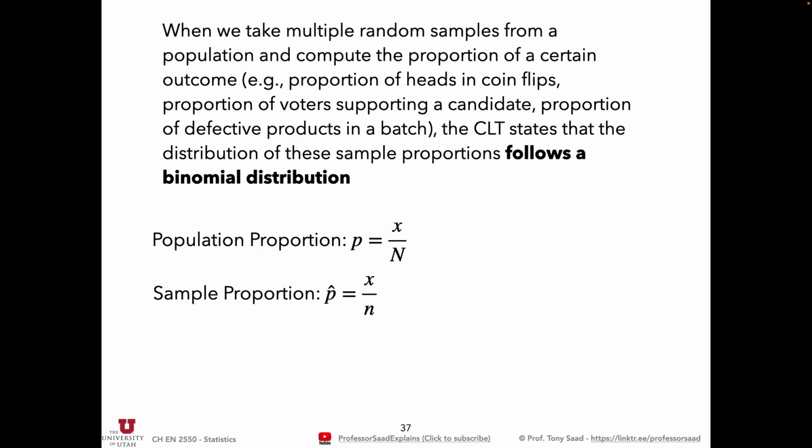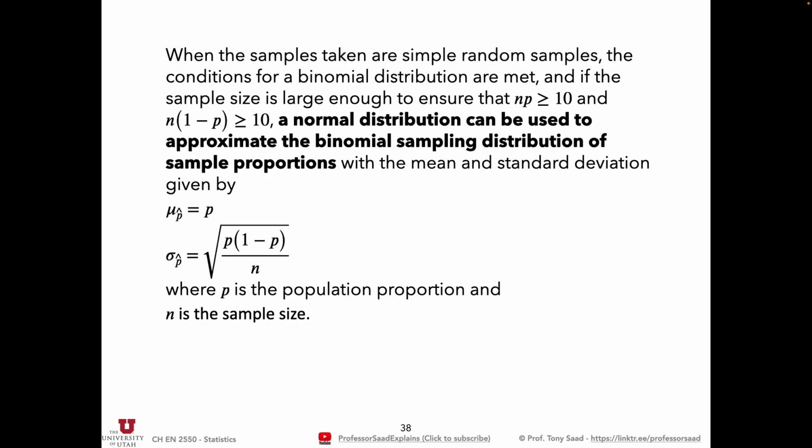Remember, we talked about approximating the binomial distribution with a normal distribution. You could say if the following conditions are met, that n times p is greater than or equal to 10, and n times (1 minus p) is also greater than or equal to 10, then you can use a normal distribution to approximate the binomial sampling distribution of sample proportions.